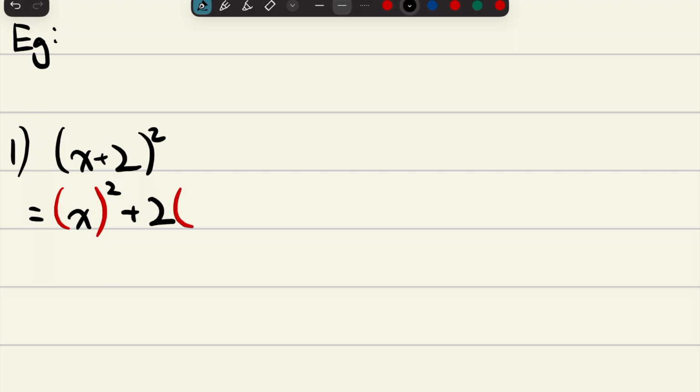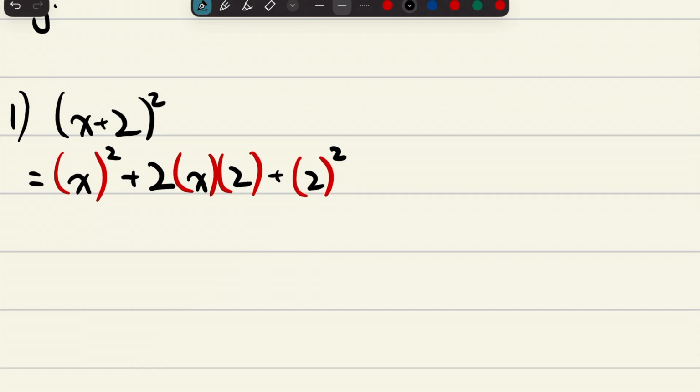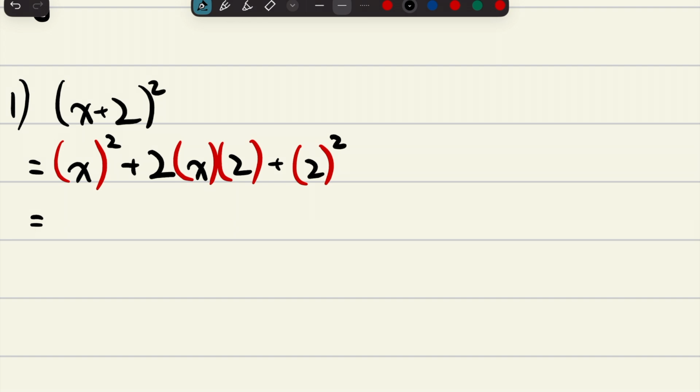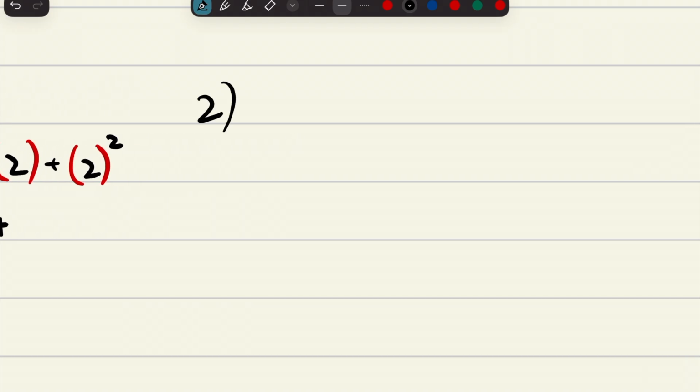bracket x, and the other one will be 2, plus another bracket, 2 squared. So for the final answer, we'll have x squared plus 4x plus 4. For the second question, we'll have x minus 6 squared.